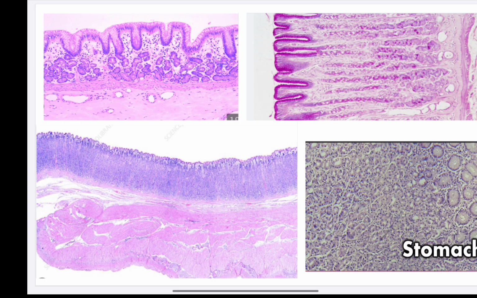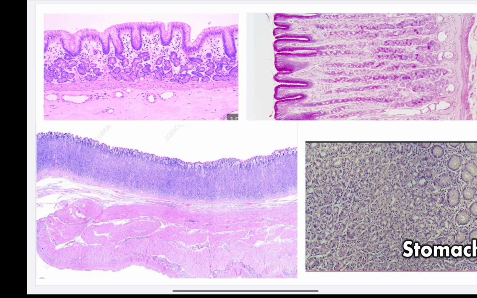The muscularis externa comes outside the submucosa. It is made up of smooth muscle, as I've said, arranged in layers. As all along the alimentary tract, there is an inner circular and an outer longitudinal layer.